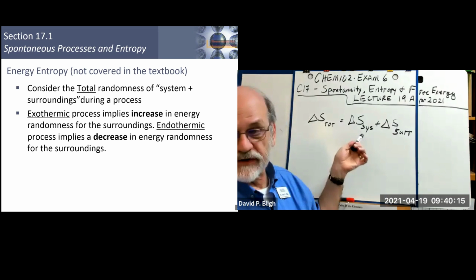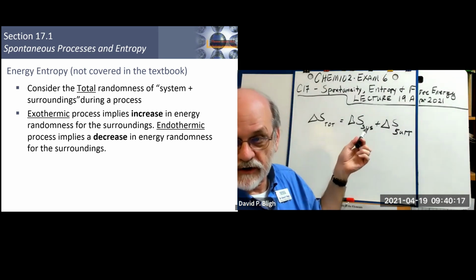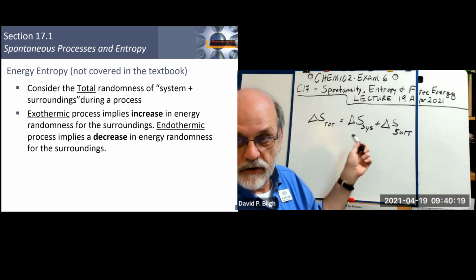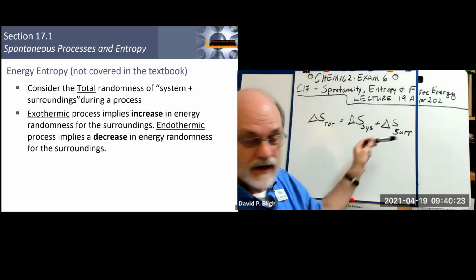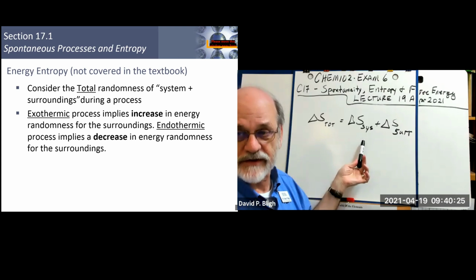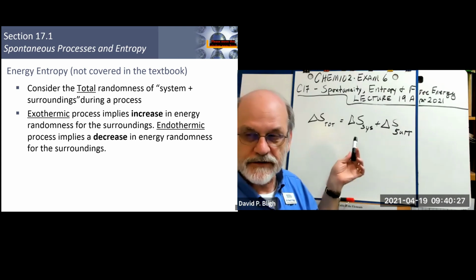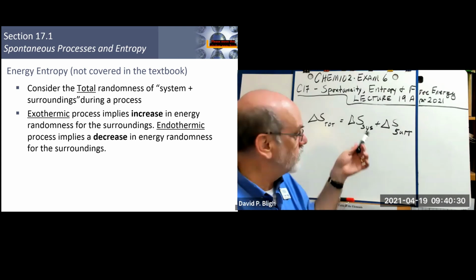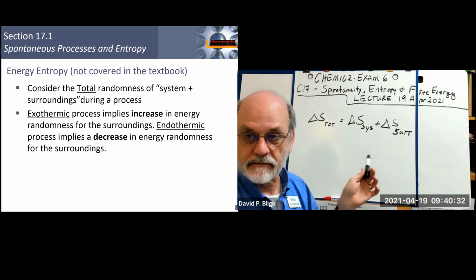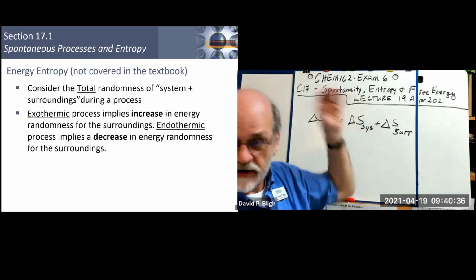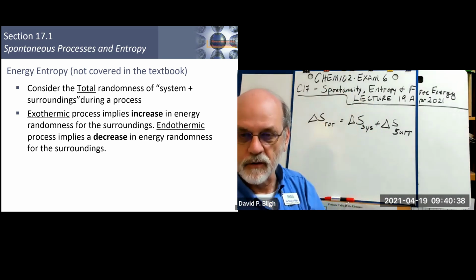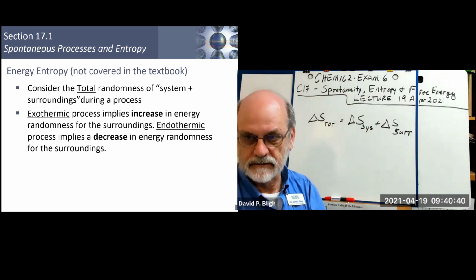Right? So what happens to the system? Well, you would expect if you're transferring energy out to the surroundings, you would decrease energy for the system, and decreasing energy for the system would be a decrease in entropy for the system. Right? And if we're just looking at the system, we would expect that lower energy would be more stable. Right?